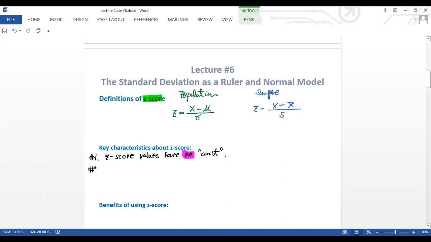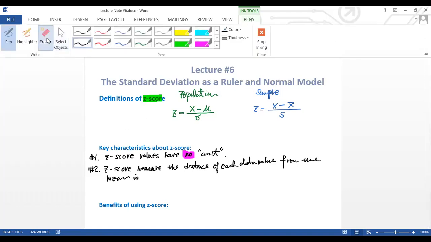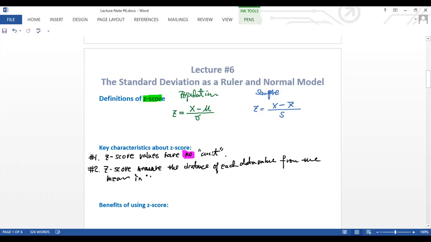Okay, so now what are the Z-scores? The Z-scores measure the distance of each data value from the mean in standard deviation.